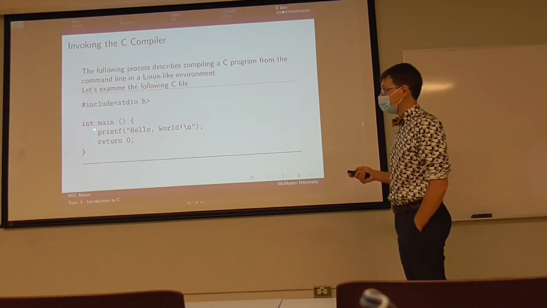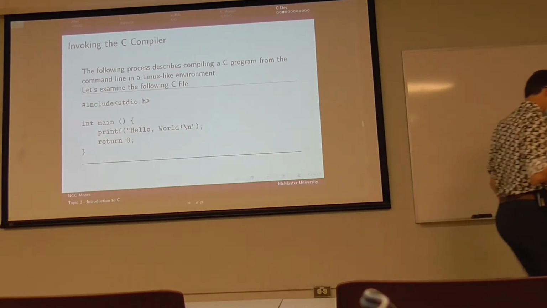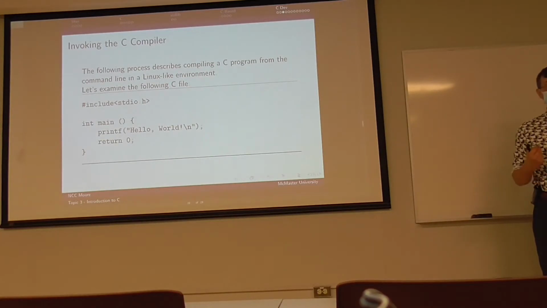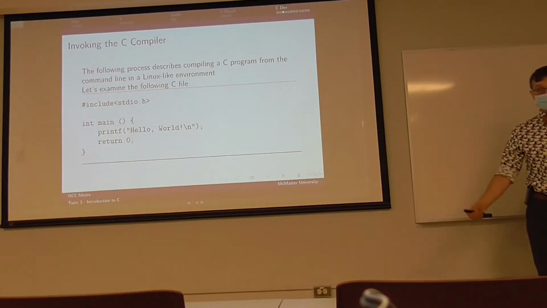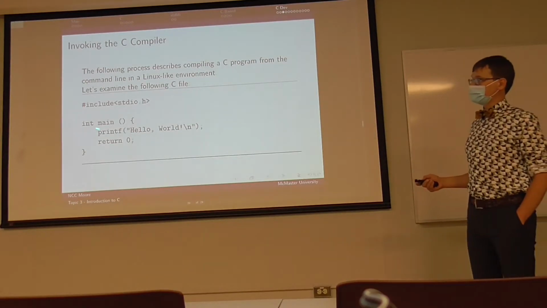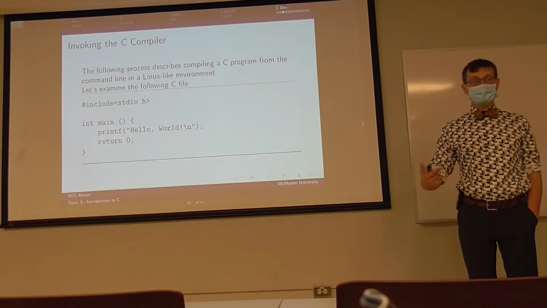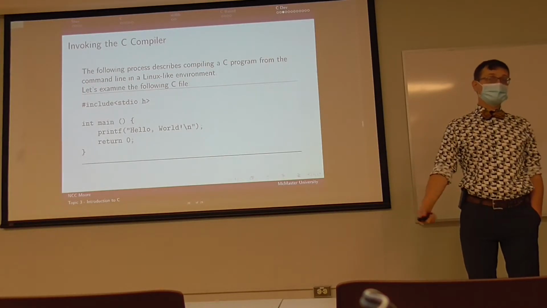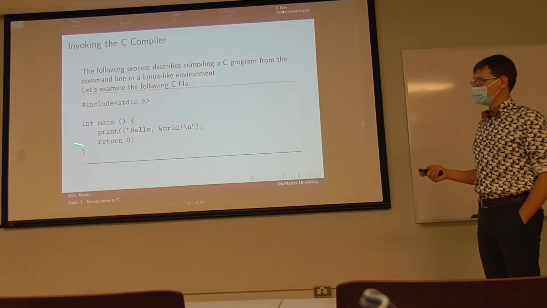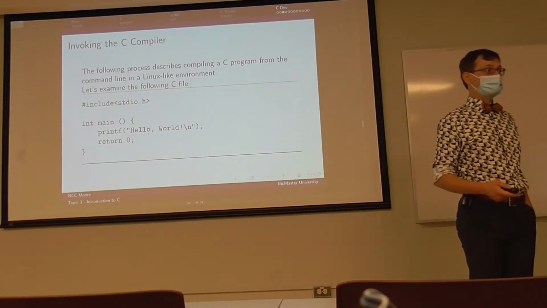So integers in C are 32 bits. Anything that can be expressed using a 32-bit integer can be used as a substitute. For example, if you throw a character in here, it will return the numeric value of that character, right? So it sort of implicitly kicks it back as binary data.